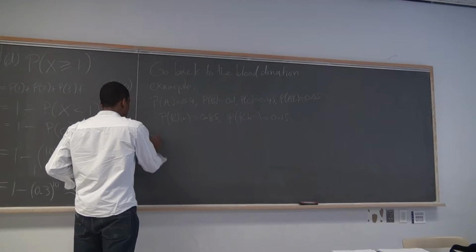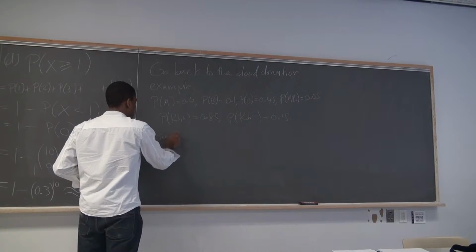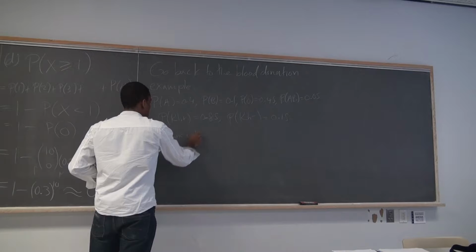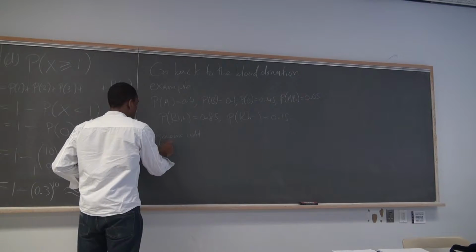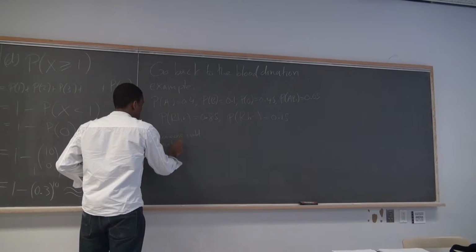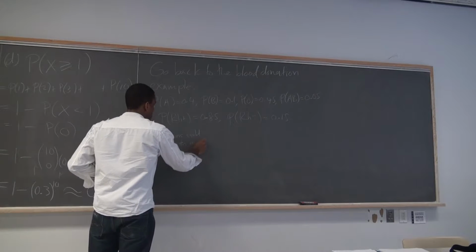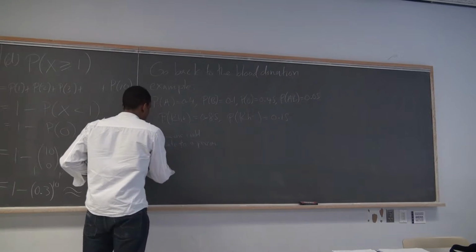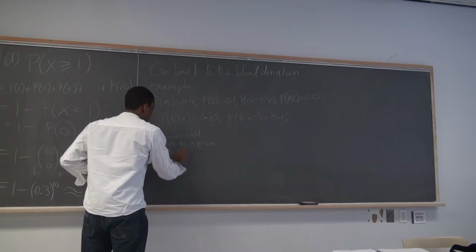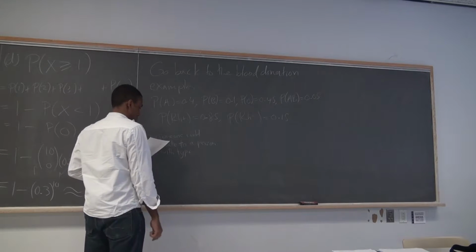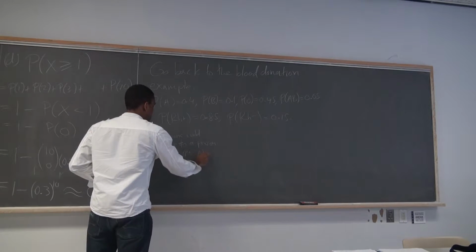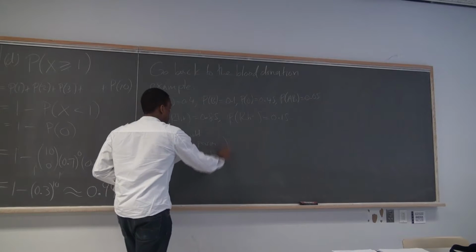The probability that someone could donate to a person with type AB and RH plus. We actually computed that.